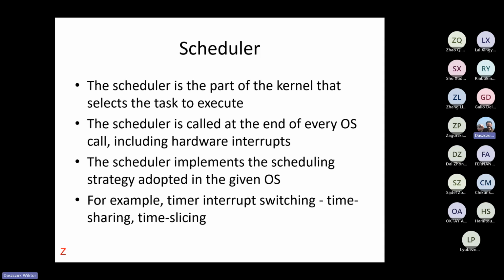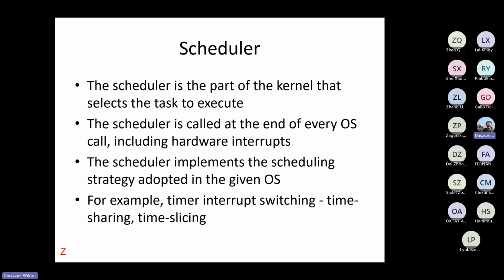And because inside a procedure called in the kernel, the set of ready tasks can change. For example, we accept the device interrupt, which wakes up a process waiting for this interrupt. So when we had k processes ready, after this interrupt, we have k plus 1 ready.